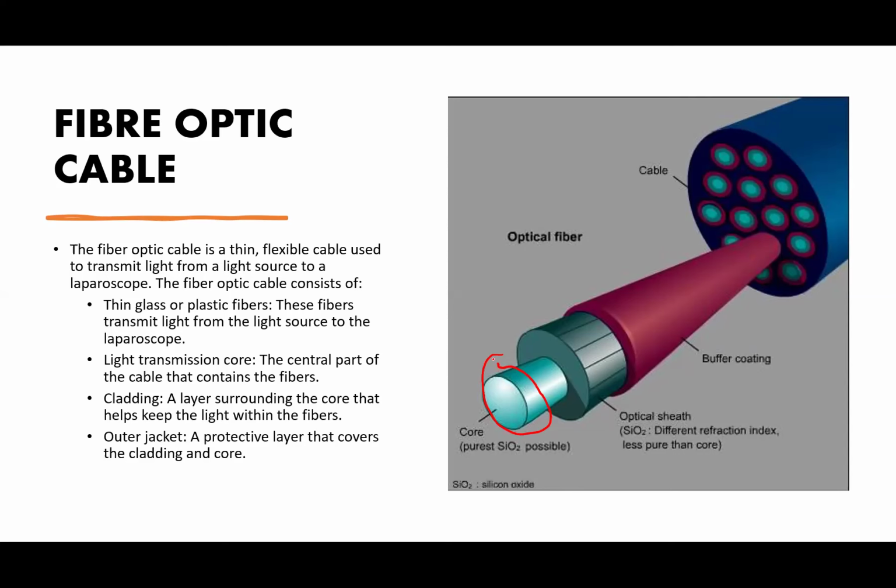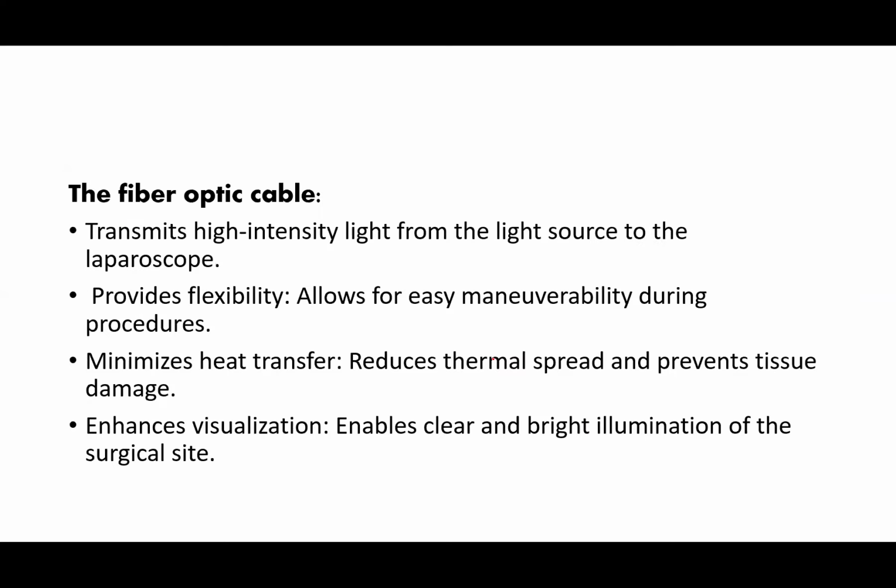Then you have the buffer coating or the outer jacket that protects the layers. It's a protective layer that covers the cladding and the core. So you remember you have the core, which is the actual fibers carrying the light. You have the outer sheet, and then you have the buffer coat. All these sheets are within a plastic protective cable.